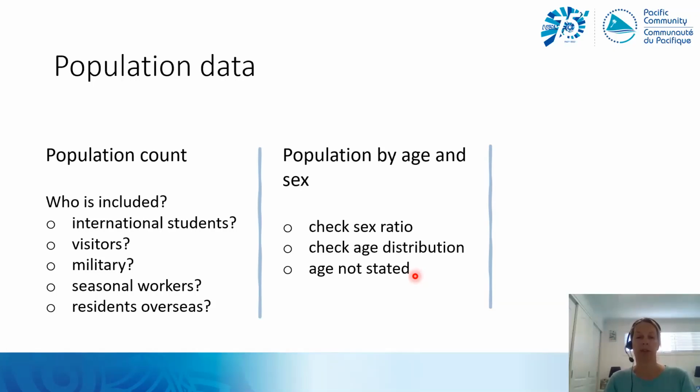One of the common things we do is to distribute those age not stateds, assuming that they follow the same pattern as the general population. So we use what's called a pro rata distribution. Let's say if in the general population 5% of people are aged 50 to 54, then we assume that 5% of those people who didn't state their age are also aged 50 to 54, and we redistribute them into that age group.